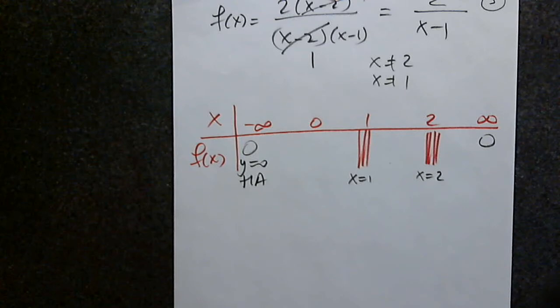So the multiplicities are only for x-intercepts. One of them is a vertical asymptote and the other one is a hole. Which one is a hole and which one is the vertical asymptote?